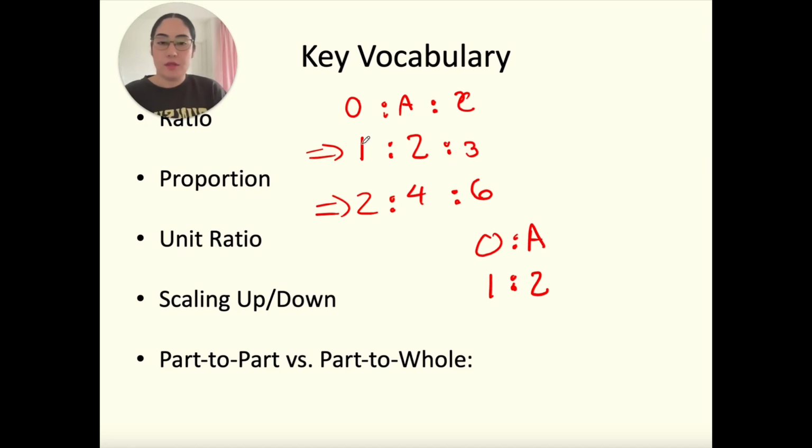Right now, let's say I have a total of 6 parts. If we add each of these parts, I have a total of 6 parts. If I say out of the 6 parts, 1 part is orange, I'm comparing 1 part to the whole thing. So that's part to whole. But if I'm saying for 1 part of orange, you need 2 parts of apple, then I'm comparing part to part. Those are the key vocabularies that will help you understand ratios better.